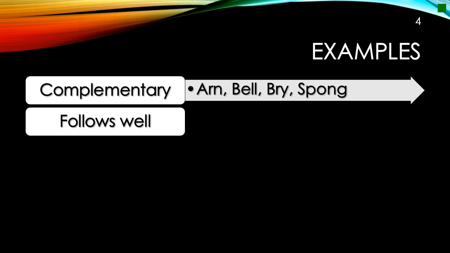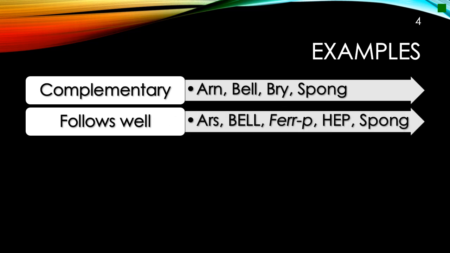Some examples of those remedies that follow Aconite well, once again it's arsenic, belladonna, ferrum phos, heparsulf and spongia. Now you will notice here that belladonna has been written in capitals. That means it has got a higher association.